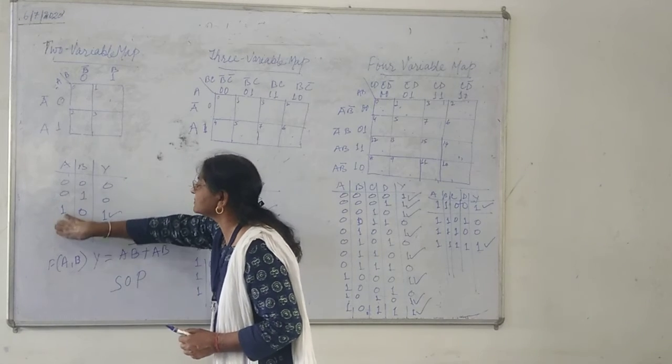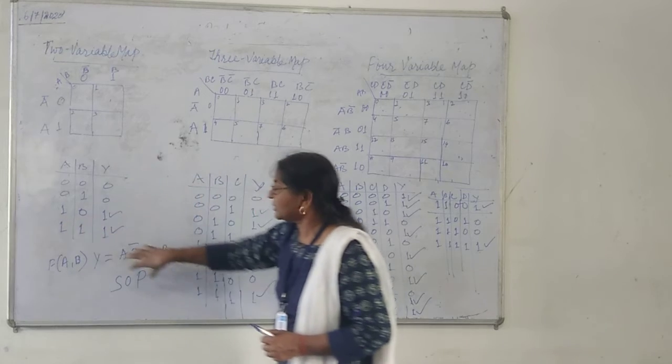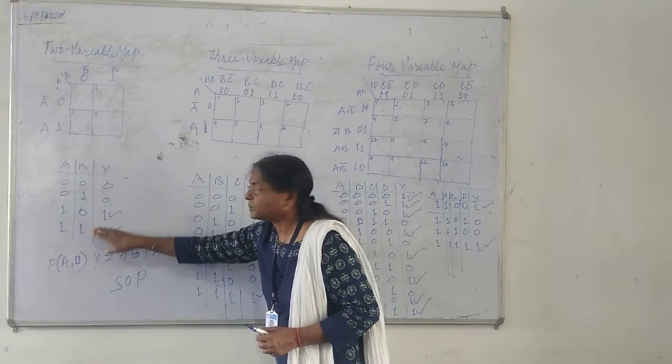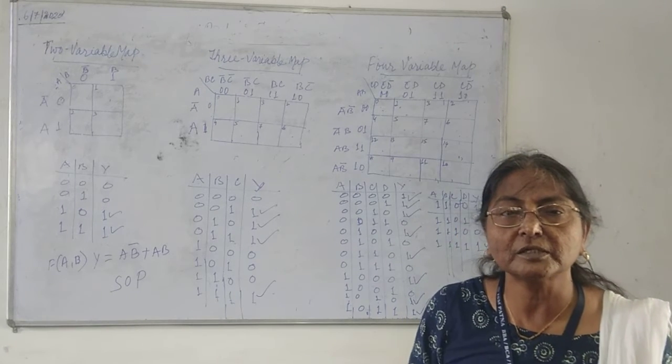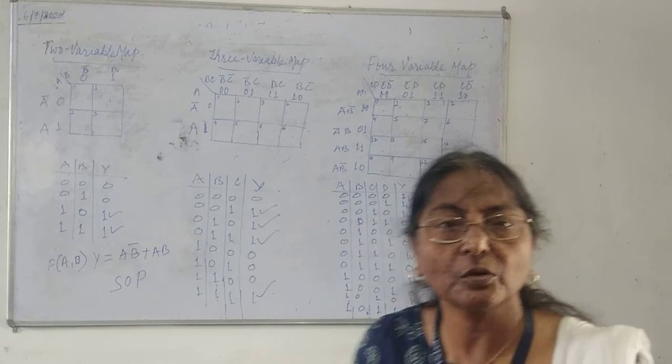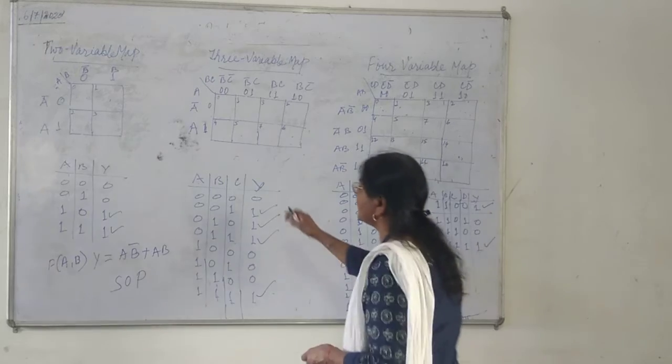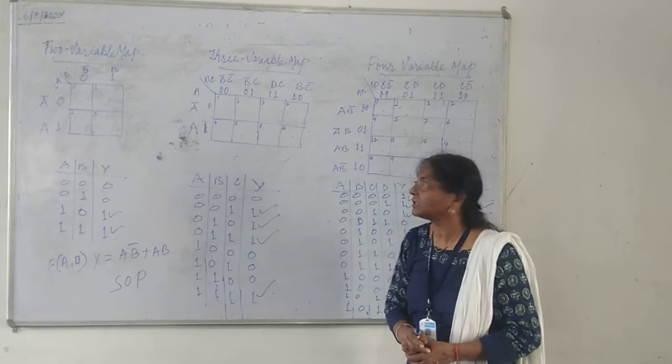This is one product, this one is another product. So I have taken those products for which the output is logic 1, and the 2 fundamental products are logically summed. That is all.